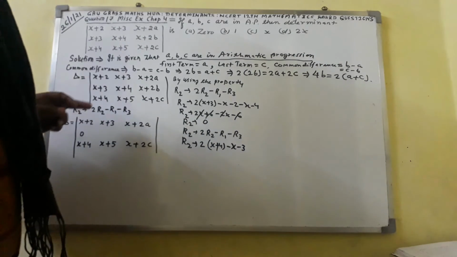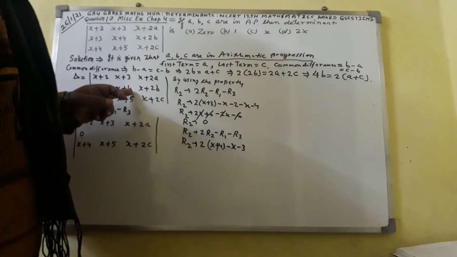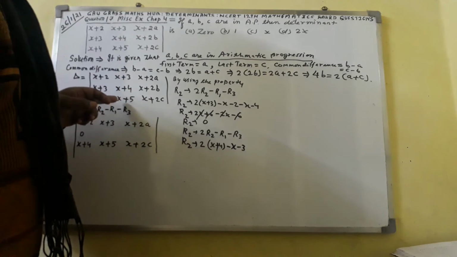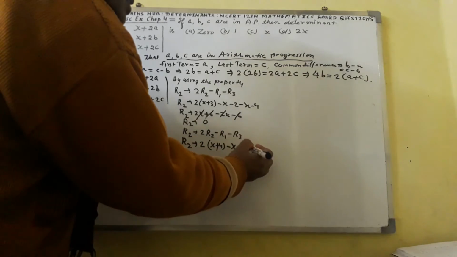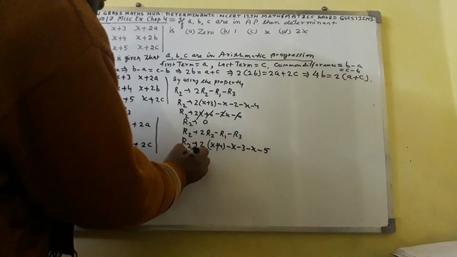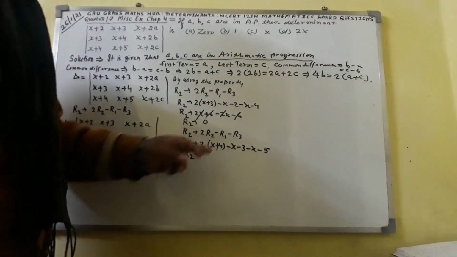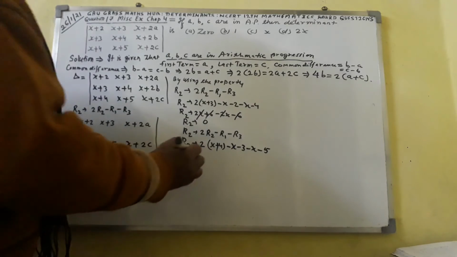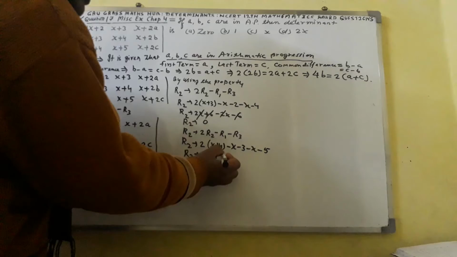And also the corresponding element of x plus 4 in the third row will be x plus 5. So here write minus x minus 5. Just simplify this one. R2 goes to 2 times of x plus 4.